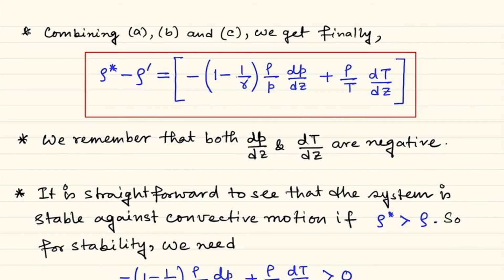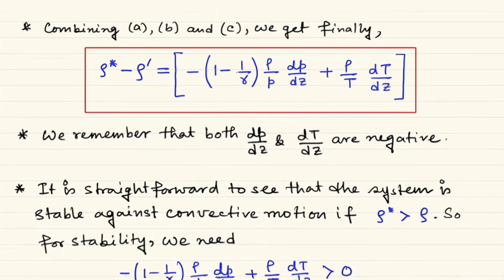So we started by displacing it vertically upward, and if rho star is greater than rho prime, this motion is counterbalanced by its downward motion. This gives us the condition of stability. Whereas if rho star is less than rho prime, the upward vertical displacement will be supported somehow, and it will go upward farther and farther.